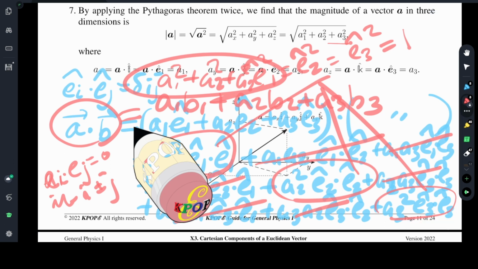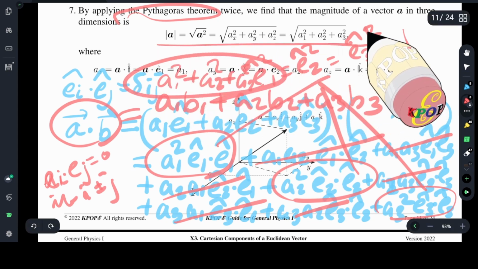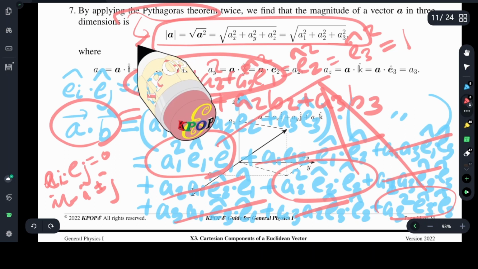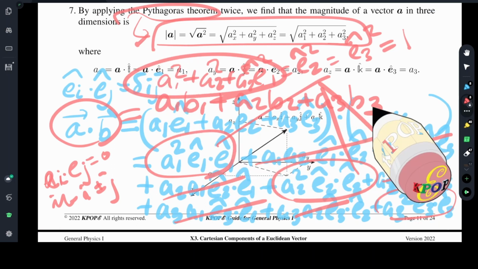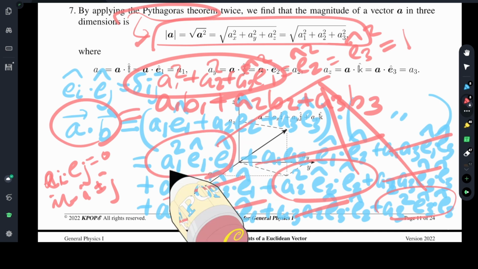So even proving it in Cartesian coordinates, proving the Pythagorean theorem is very, very simple. First of all, we use the Pythagoras theorem here. However, in the expansion, we have never made use of the Pythagoras theorem. That means this is the proof of the Pythagoras theorem in 3 dimensions.